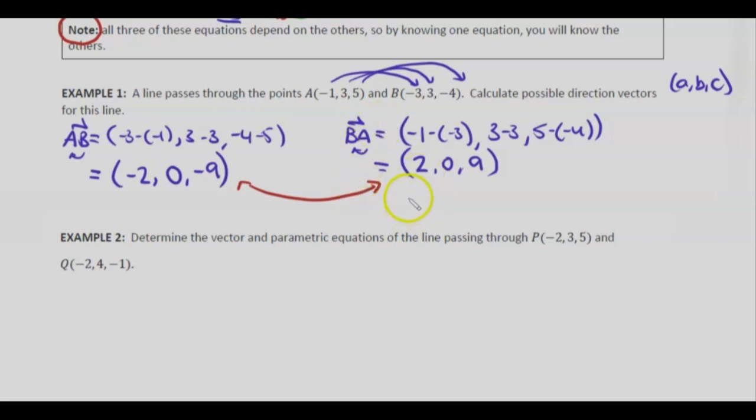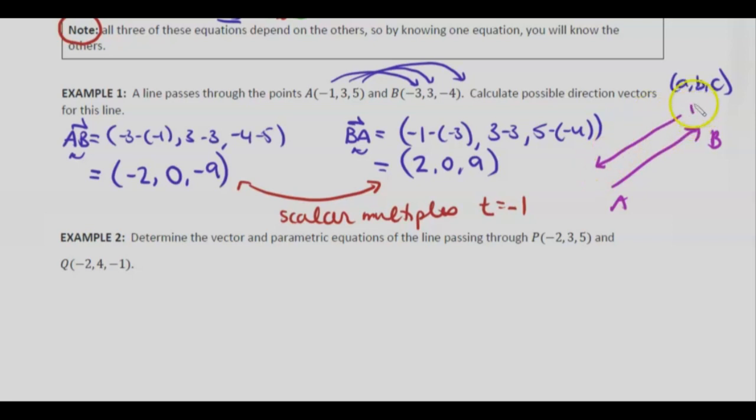What do we notice? AB and BA are scalar multiples of one another, by maybe the scalar -1. We can conceptualize this as, say this vector here was AB, then we know that vector BA is just going to go in the opposite direction.